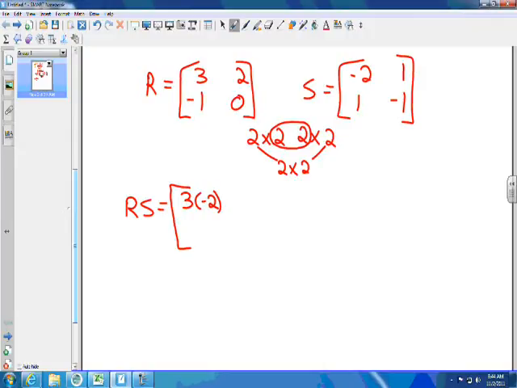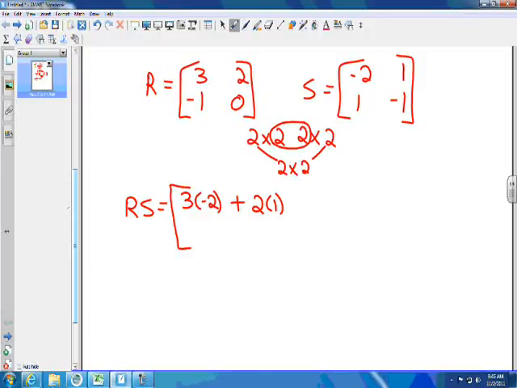Then you're going to add 2 times 1. It's always add. So it's that top row times the first column. So 3 times negative 2 plus 2 times 1. This number right here will be the top left corner in your 2 by 2 answer.